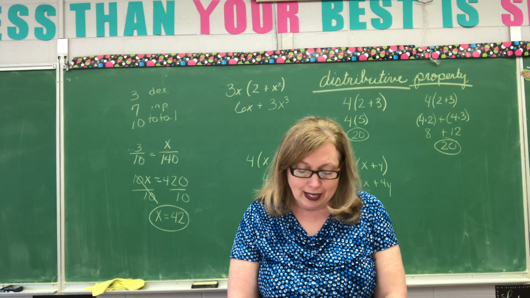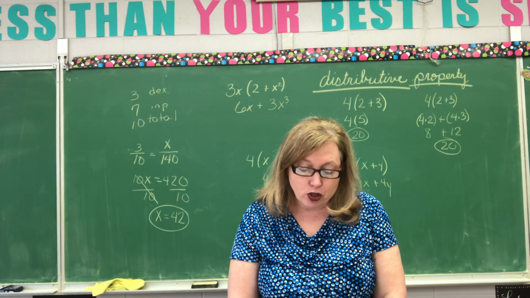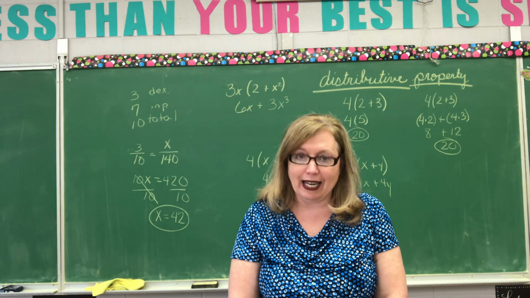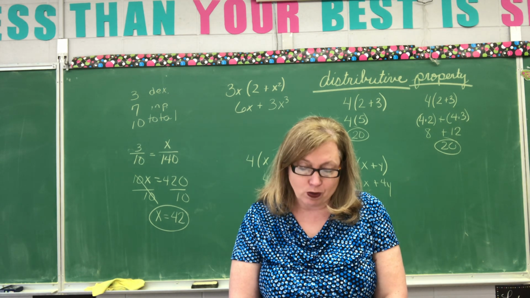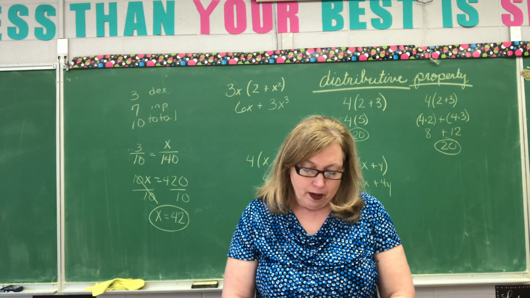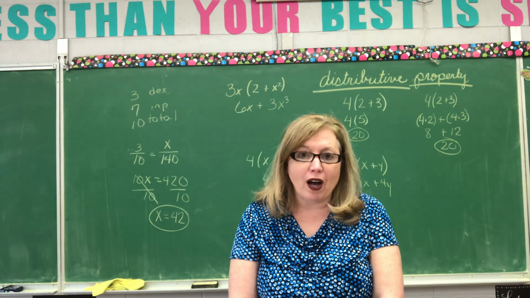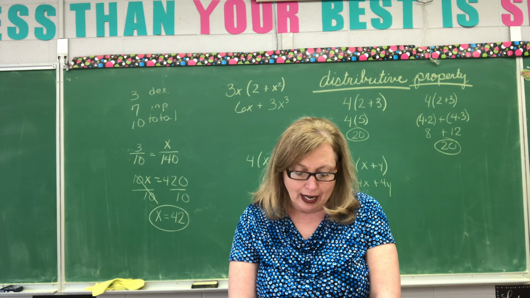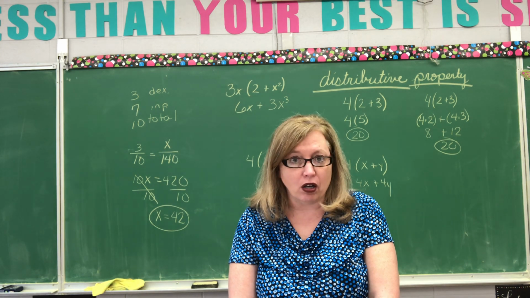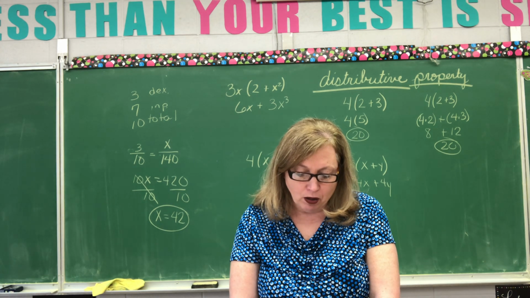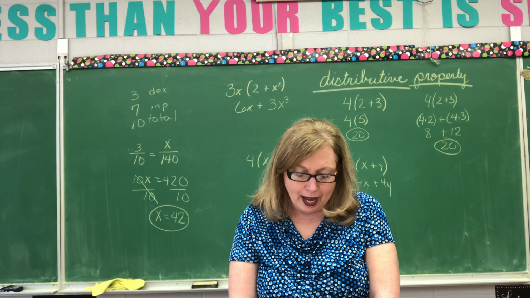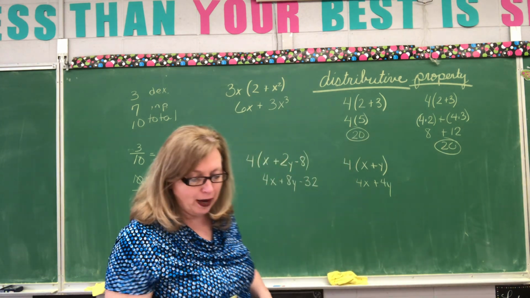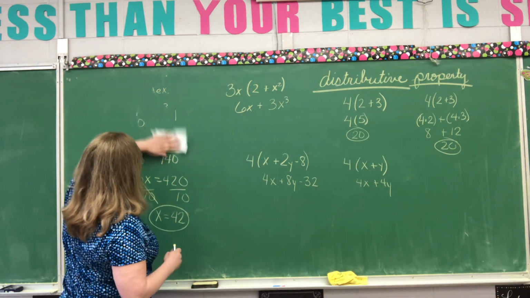When the score was announced, 420 students were elated, and the rest were dejected. If the ratio of elated to dejected was 2 to 9, how many students were there in all? Well, we know that we have to look at our ratio.